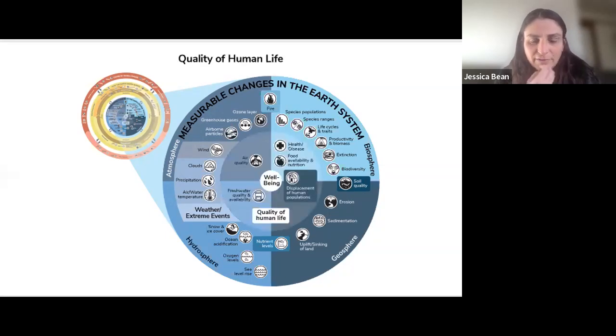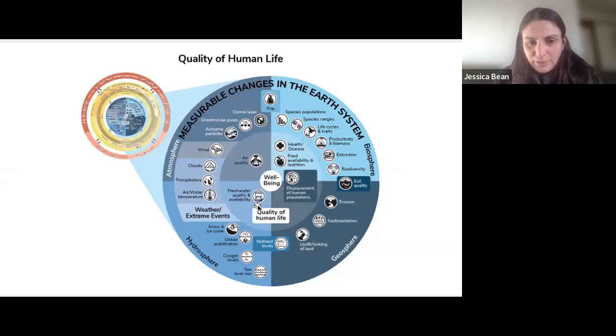And then at the very, very heart of this entire framework, we have the concepts, the changes that are most directly related to the quality of human life. So that would be our air, our food, our water, health and disease, displacement, where we can live based on climate and global changes. Because again, we are a cause of global change, but we also must figure out ways of dealing with the changes that are happening around us that affect the resources that we need.